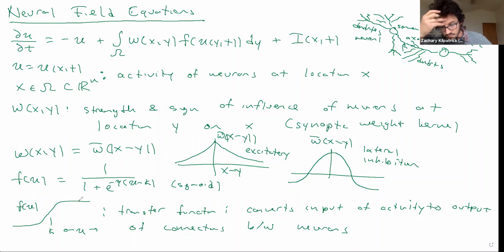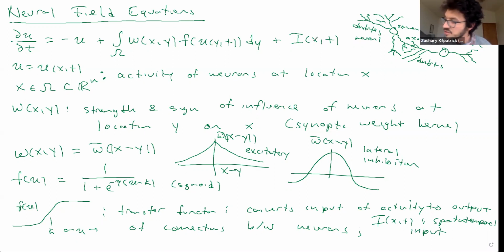Okay. All right, and then lastly, I of x,t is what's called a spatio-temporal input. Okay, this just describes whatever external activity is coming into this network. Okay, so we're modeling the activity of a particular portion of the brain.